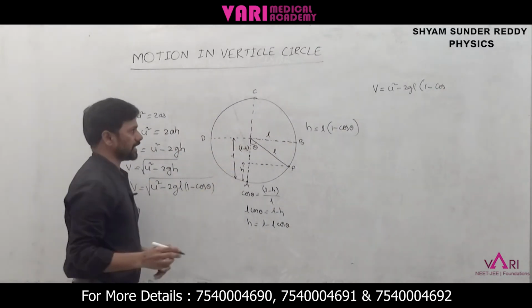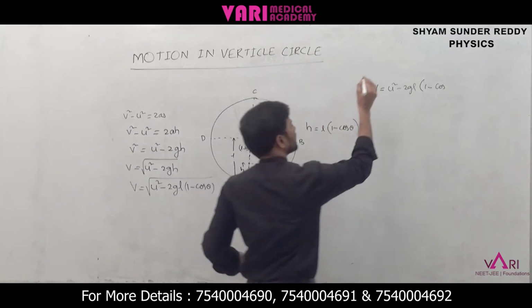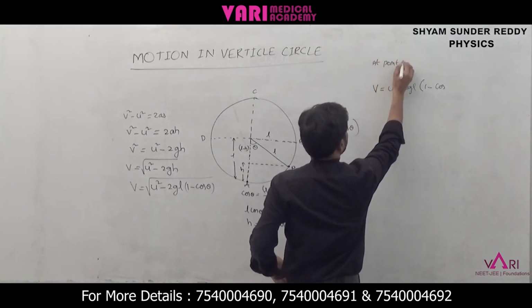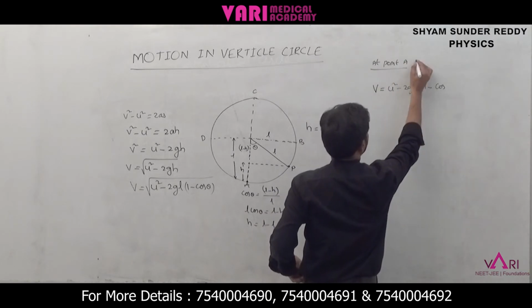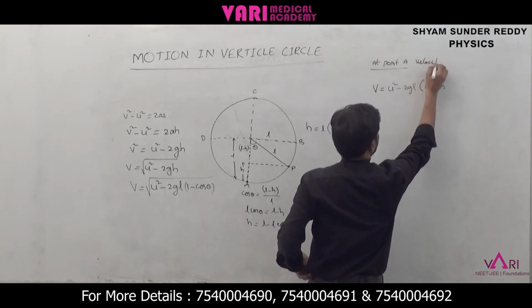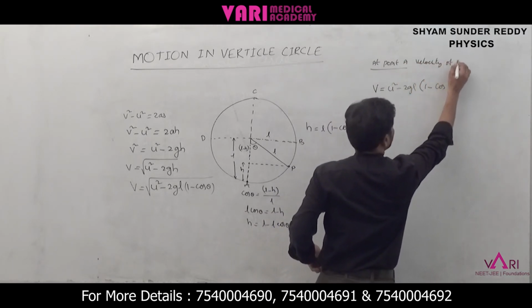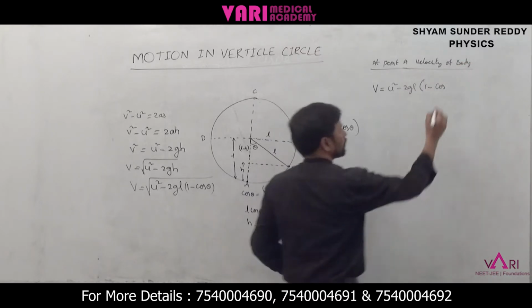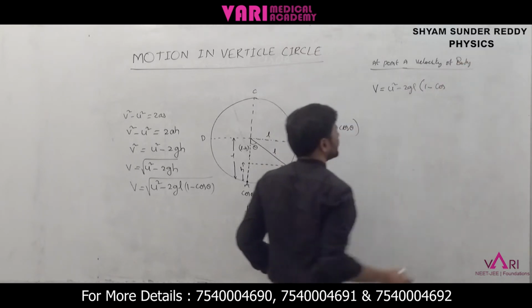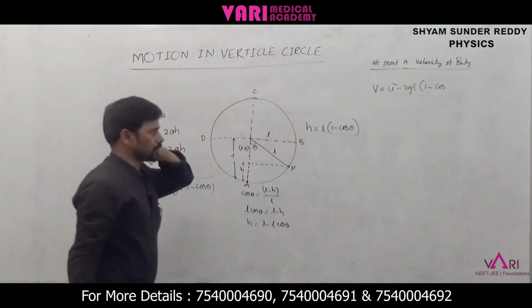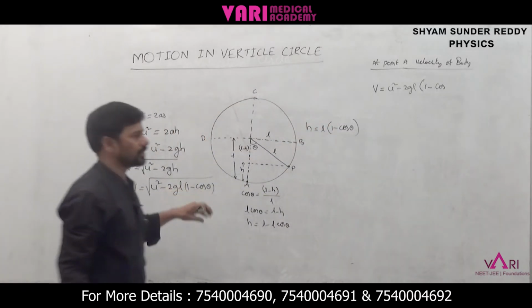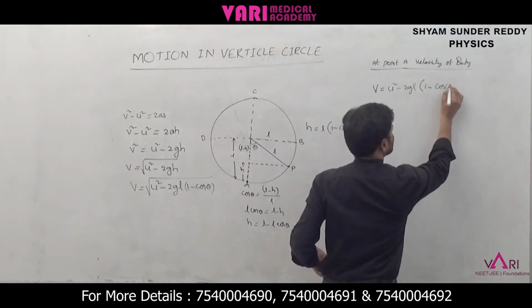A. At point A, the velocity of the body: v is equal to the square root of u square minus 2gL into 1 minus cos 0.